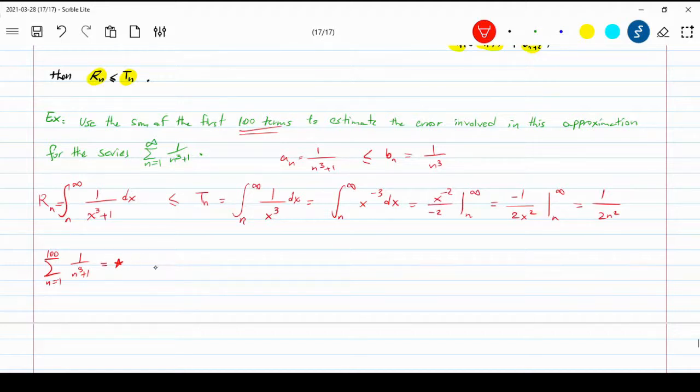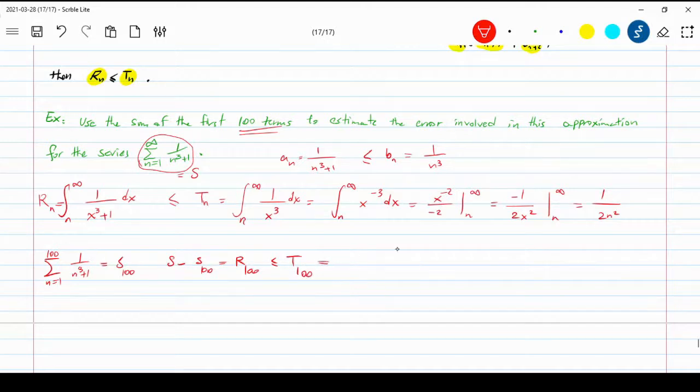So the exact value of the summation, let me call it S, minus S_100, is our R_100. This R_100 is less than T_100, if you pick 100 as the number of terms that you want to add.